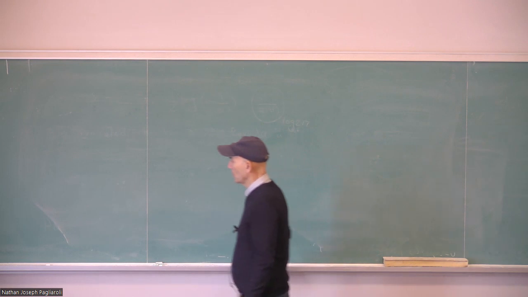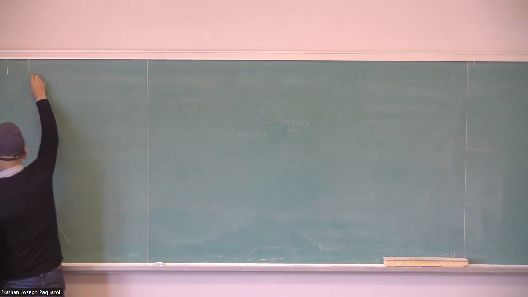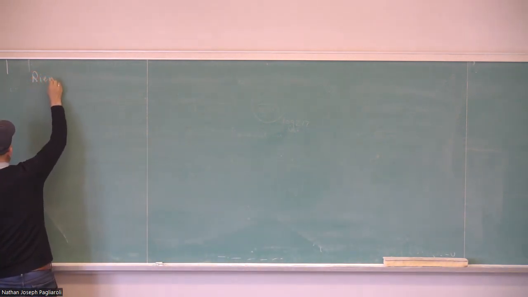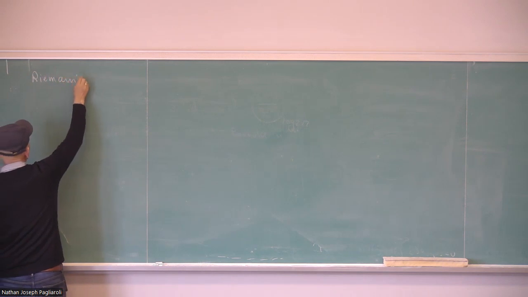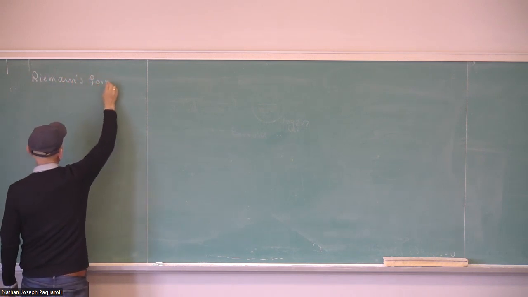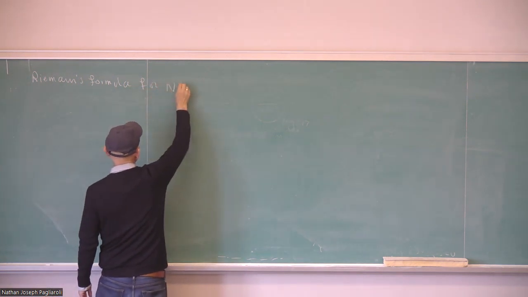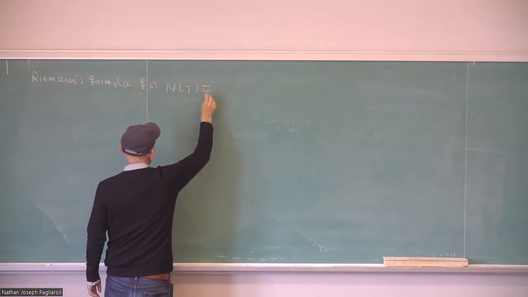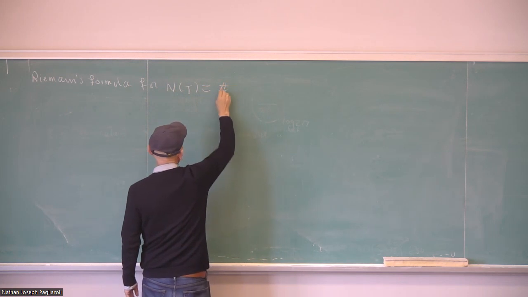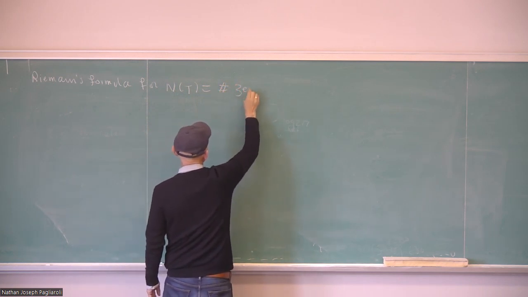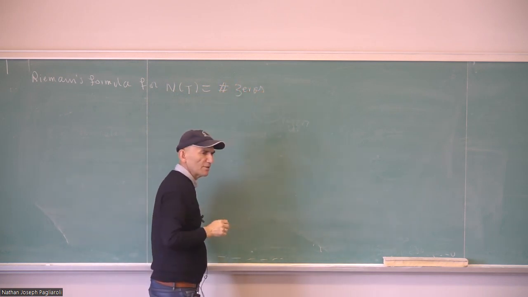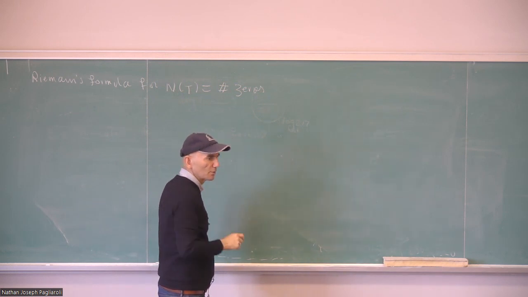So Riemann's formula for N(T), equal to the number of zeros, density of zeros. Did I say density of primes? I should have said density of zeros.